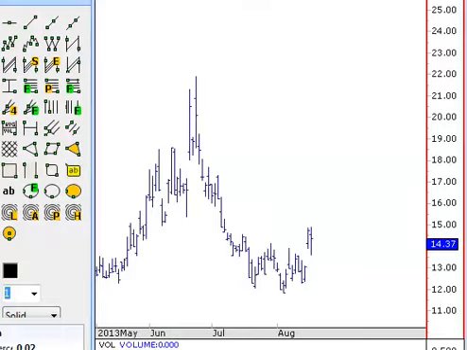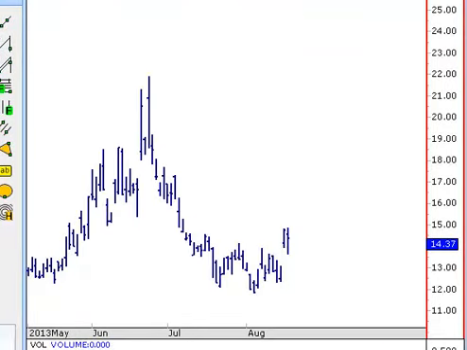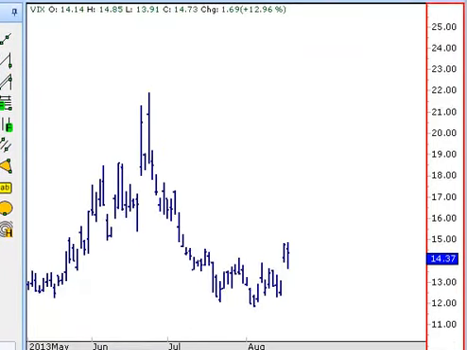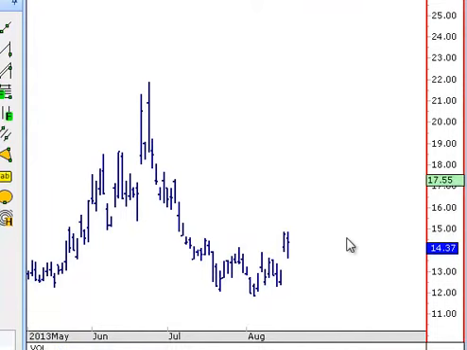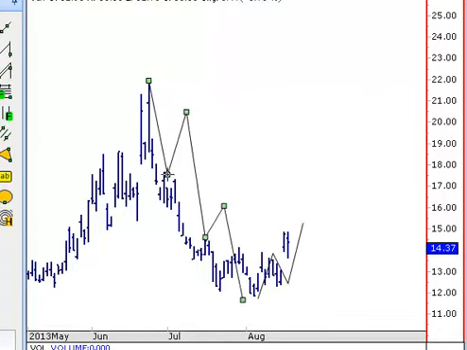Just before we go on to the commodities, this is the VIX indicator through here, and this particular rally that we're seeing here, we're looking at this being a corrective move, because we've got this as an impulse wave to the downside here.